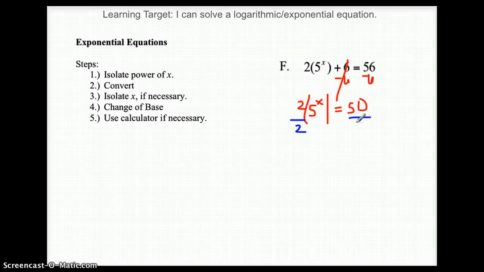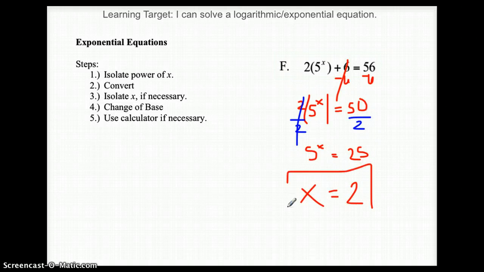To get rid of that multiplication, I have to divide. Okay, so then that way 5 to the x is by itself, and that will equal 25. So what power of 5 equals 25? Hopefully you can do that one in your head. 5 squared. But if you couldn't, you could do log base 5 of 25 equals x, and then you know log 25 divided by log 5. But hopefully you could know that one just by looking at it.